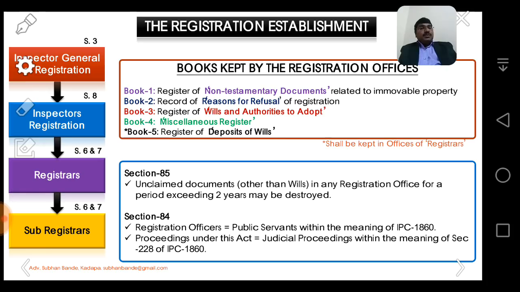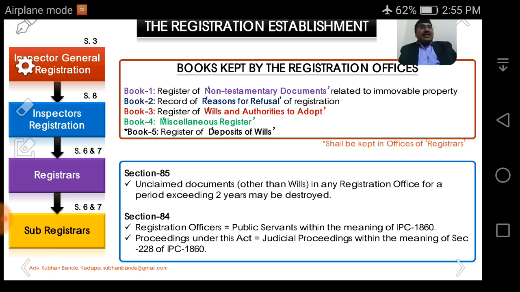According to section 84, the proceedings under the Registration Act are deemed to be judicial proceedings within the meaning of section 228 of the Indian Penal Code 1860. This is about the registration establishment.